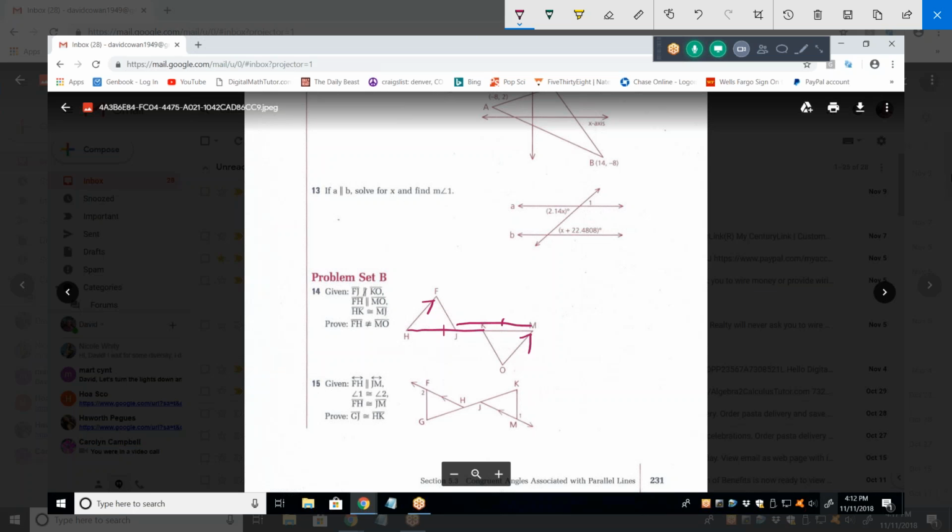Well, if we look at this again, let me erase what I've got on there. It's relatively easy to prove that that's congruent to that, right? JK is equal to itself. Subtract JK from each, you get HJ equals KN. Because FH is parallel to MO, what do I know?